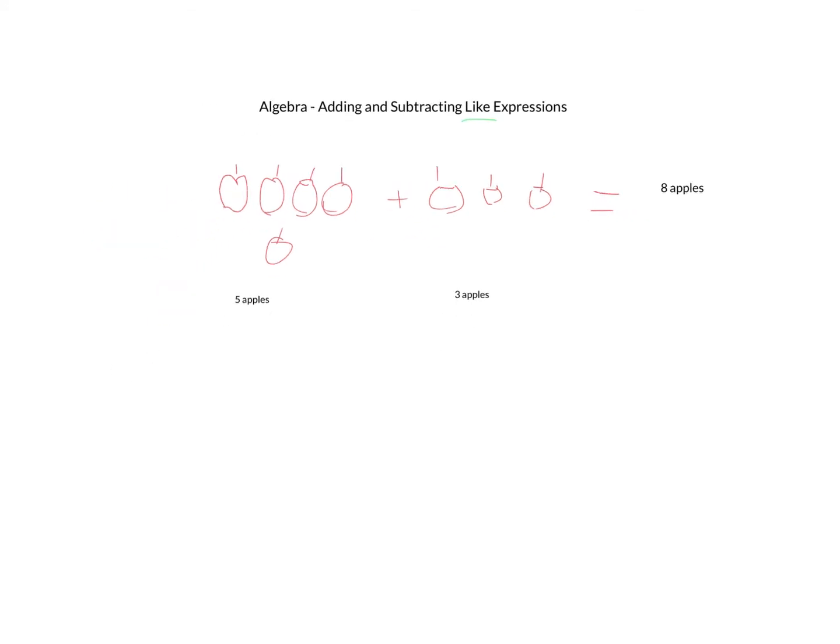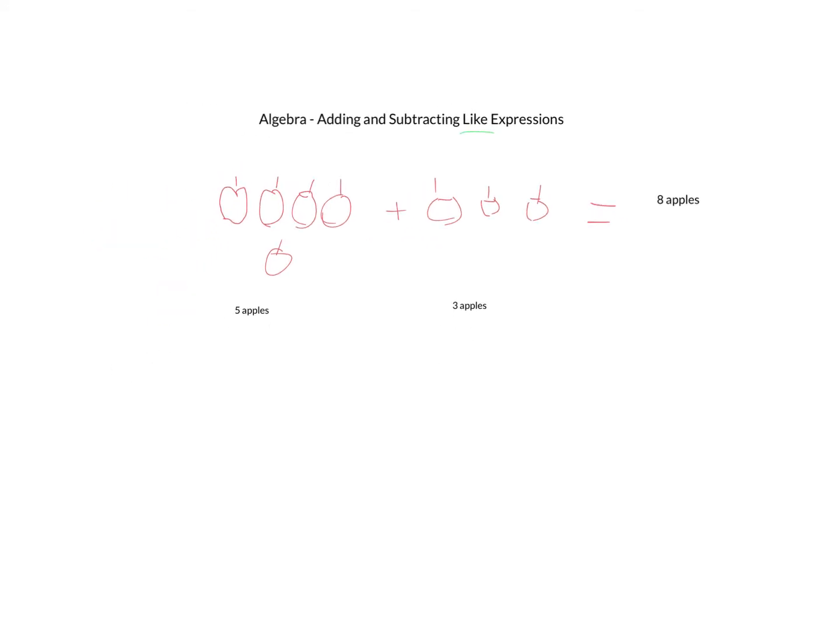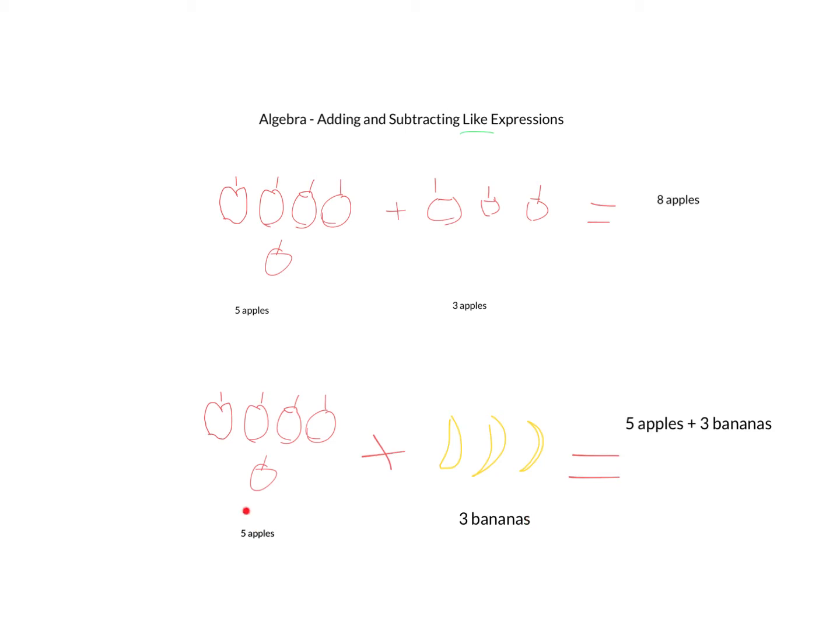What we couldn't do is add, for example, 5 apples plus 3 bananas. Because when we add these two together, we aren't going to have 8 of some new thing. We're just going to have 5 apples and 3 bananas altogether. Because they're not similar things, we can't simplify what we're doing.